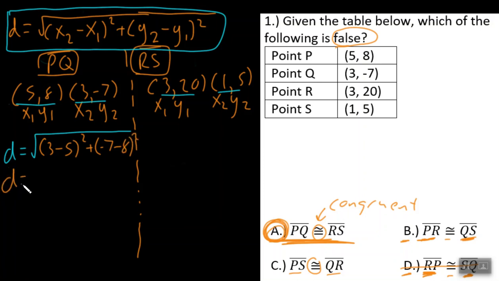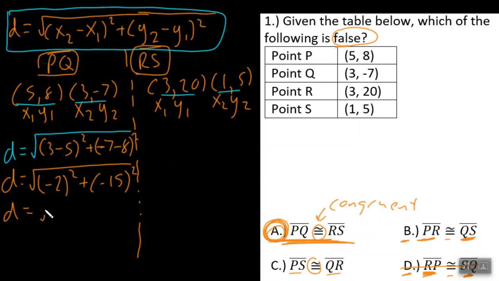So now I can say, D, the distance, is the square root of 3 minus 5 is negative 2 squared, plus negative 7 minus 8 is negative 15 squared.